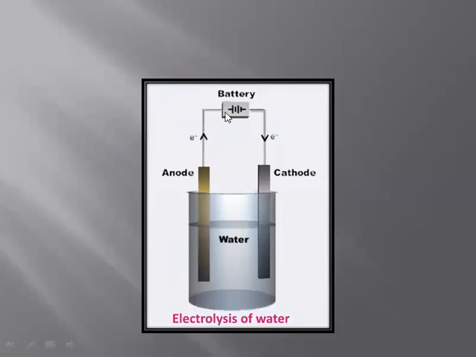The electrode attached to the positive terminal of the battery acts as the anode, and the carbon rod attached to the negative terminal acts as the cathode. When the switch is on and electric current passes, water decomposes to hydrogen and oxygen gas.